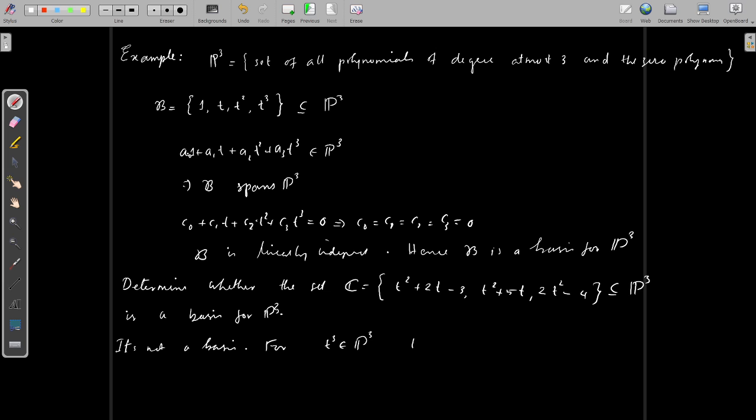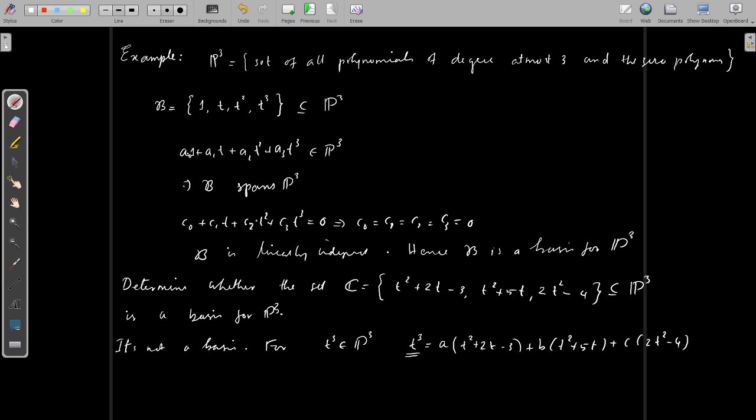Then you cannot write t cube as a linear combination of these polynomials. You cannot find scalars a, b, c such that a times (t square plus 2t minus 3) plus b times (t square plus 5t) plus c times (2t square minus 4) equals t cube, because the left side is a third degree polynomial and the right side is a second degree polynomial.